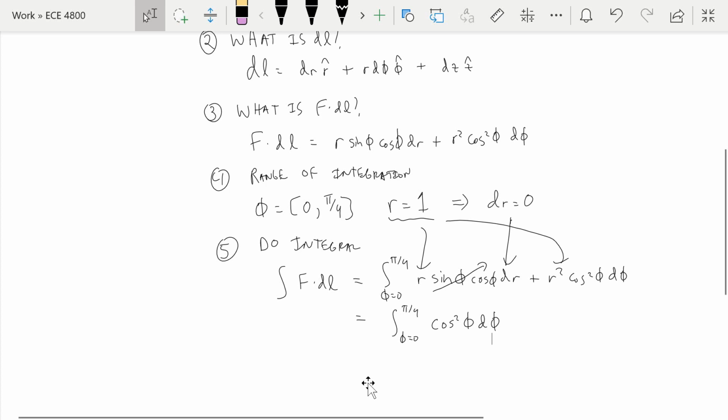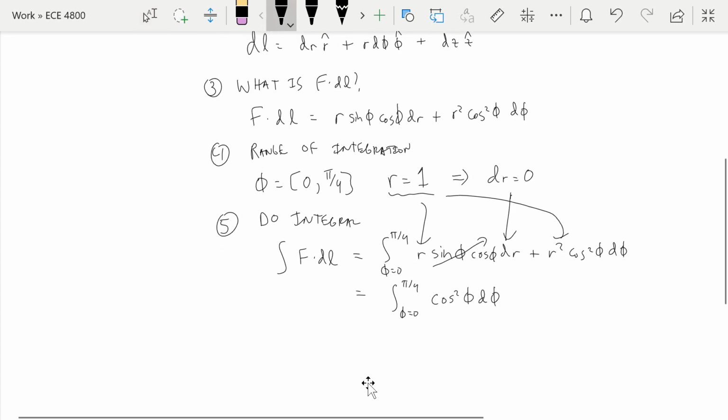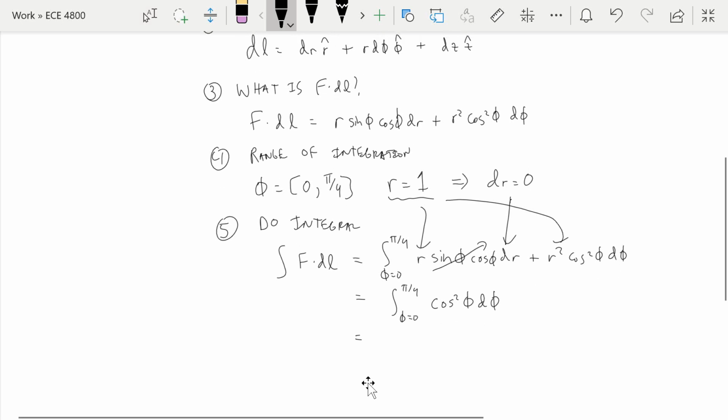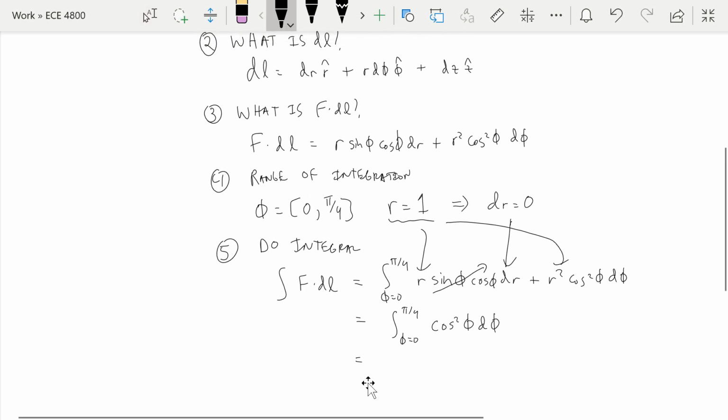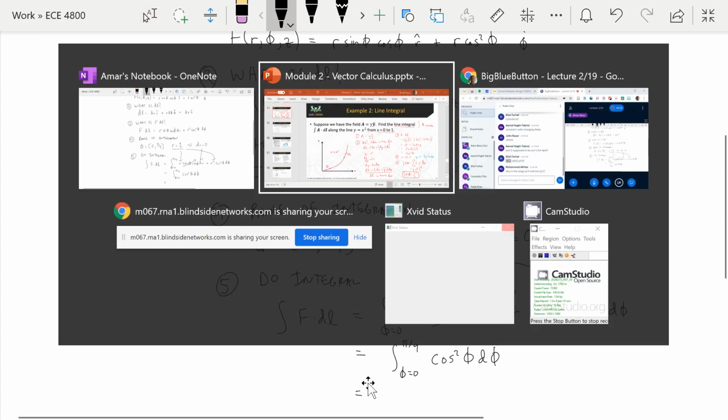All right, so when we do this, let's see. In order to solve this integral, hold on, I think we have to fix something as well.